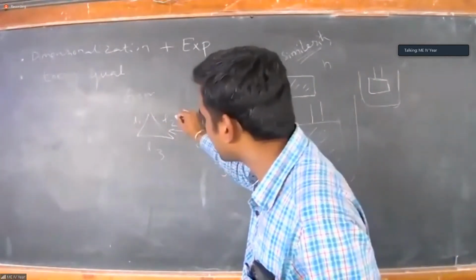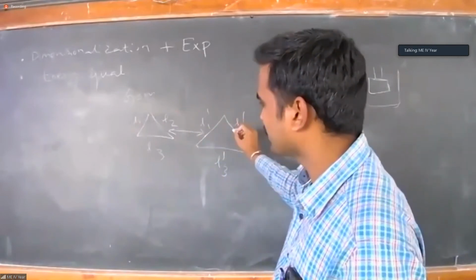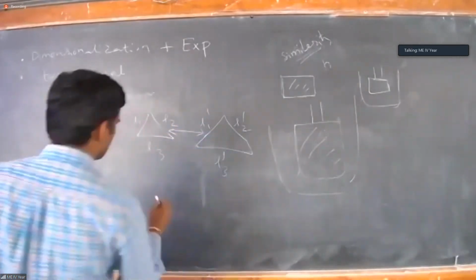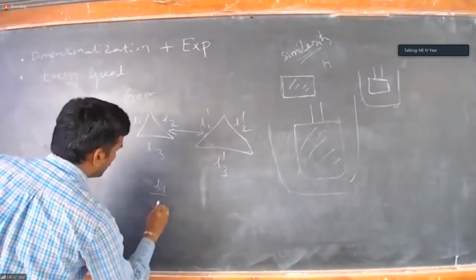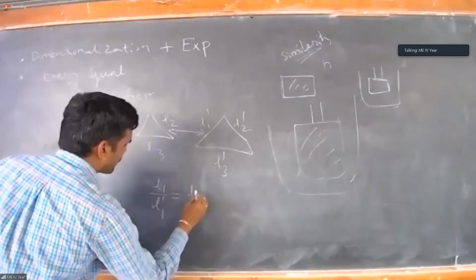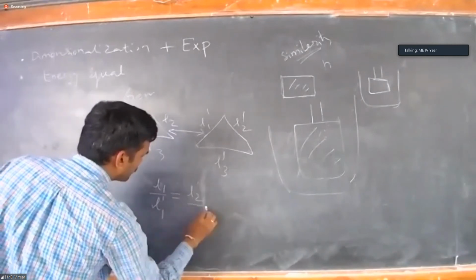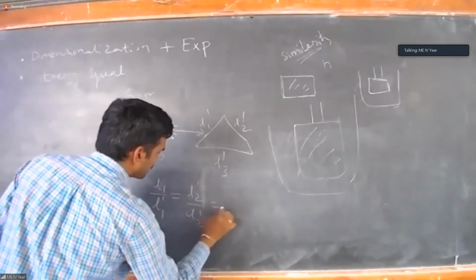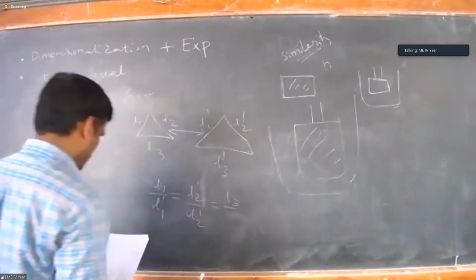The ratio should be constant: L2 by L2 dash and L3 by L3 dash.